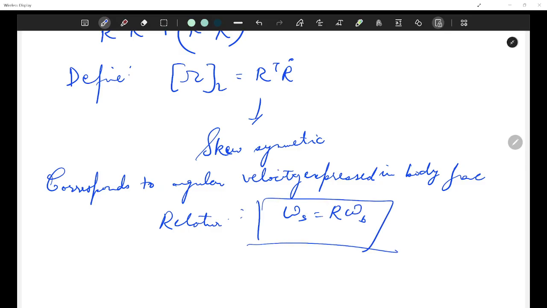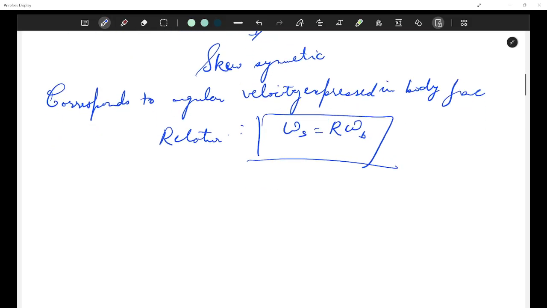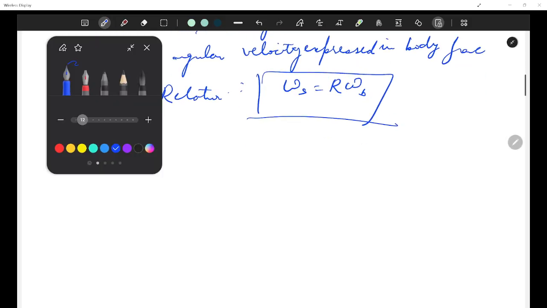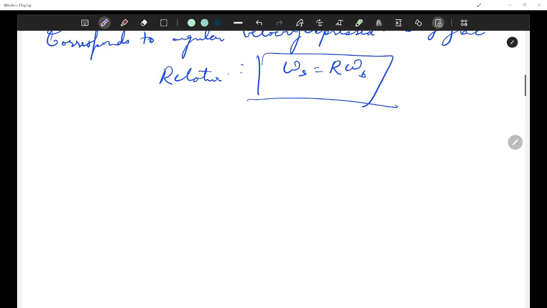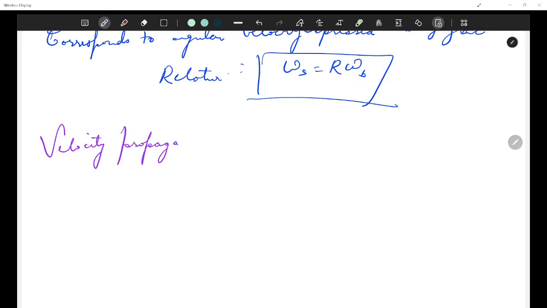All right, we use space fixed angular velocity. Okay, then after this we can talk about velocity propagation in serial manipulator.